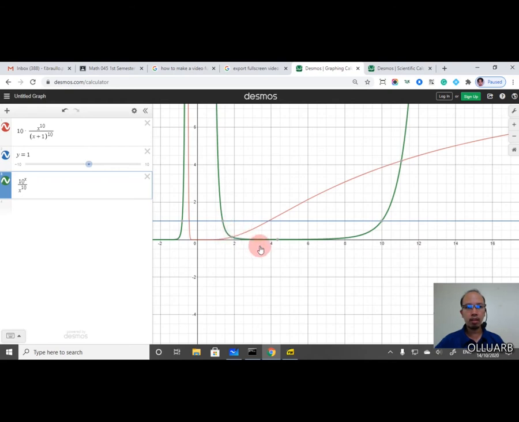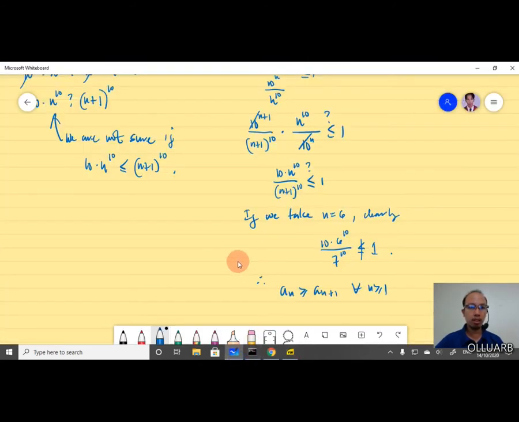This area here we have decreasing up to maybe 6 something. But as you can see, as n approaches infinity, this is not a decreasing function. So you can conclude now that the series in example number 2 is not convergent.